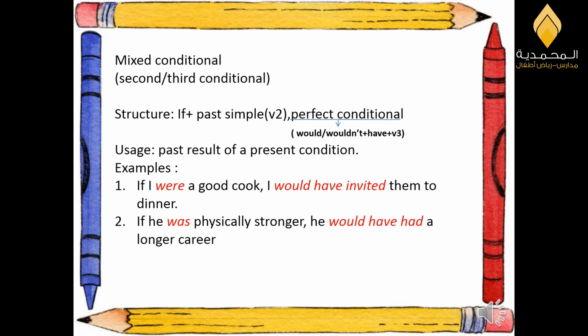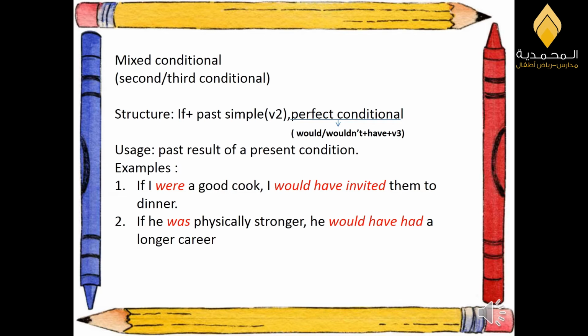Because I have a present condition, and the present condition is that I'm not a good cook. So I'm talking about something unreal when I say if I were a good cook, and I want you to look over here after I in the mixed conditional. When I'm using simple past of the verb to be, I can use were with I.